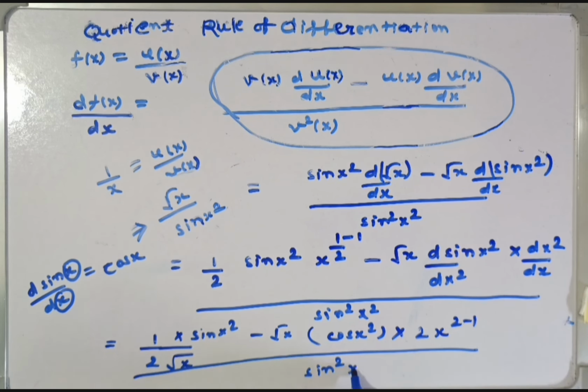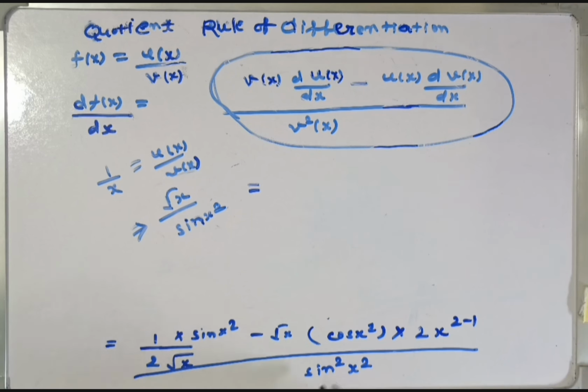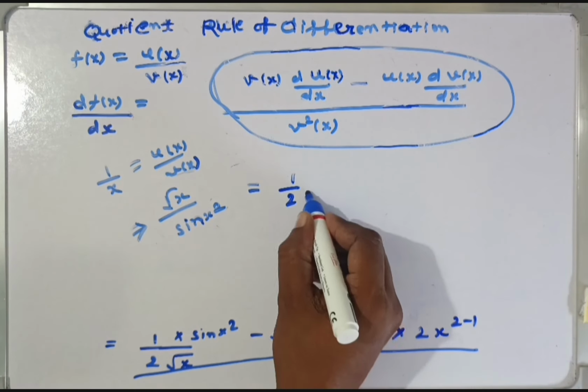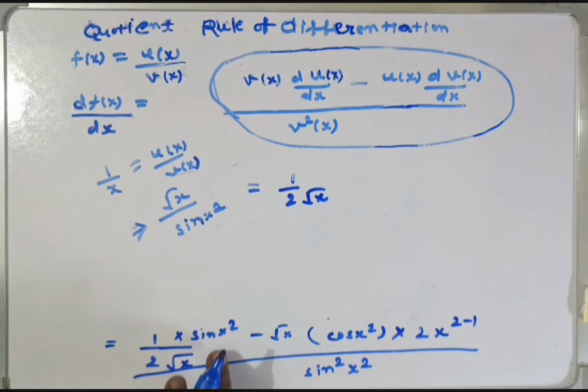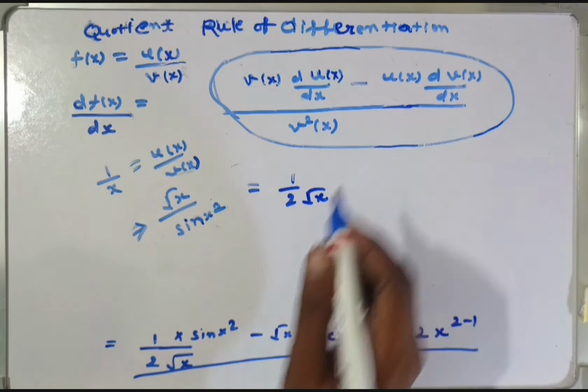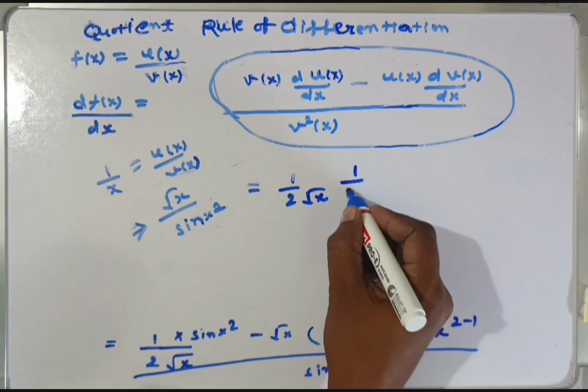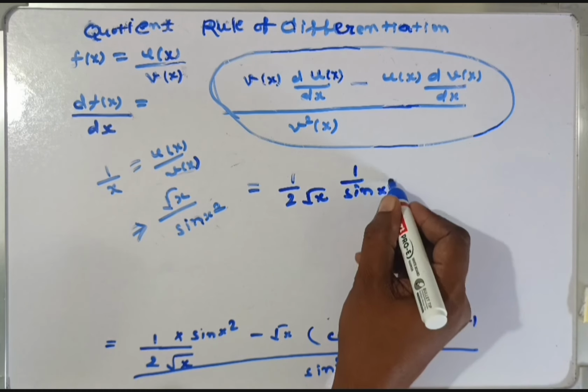Then what we do next, see here this one is sine square x square, then we can write 1 by 2 root over x, and one sine x square will cancel out, then it becomes sine x then x square.